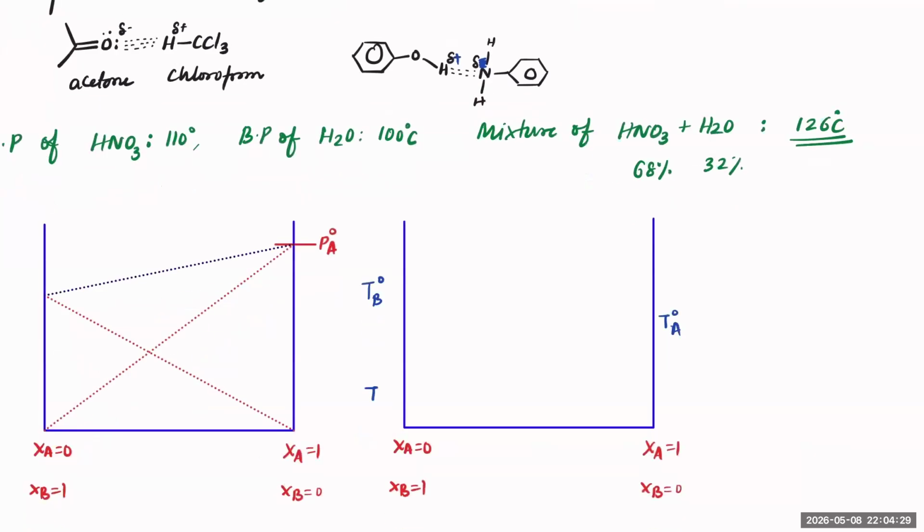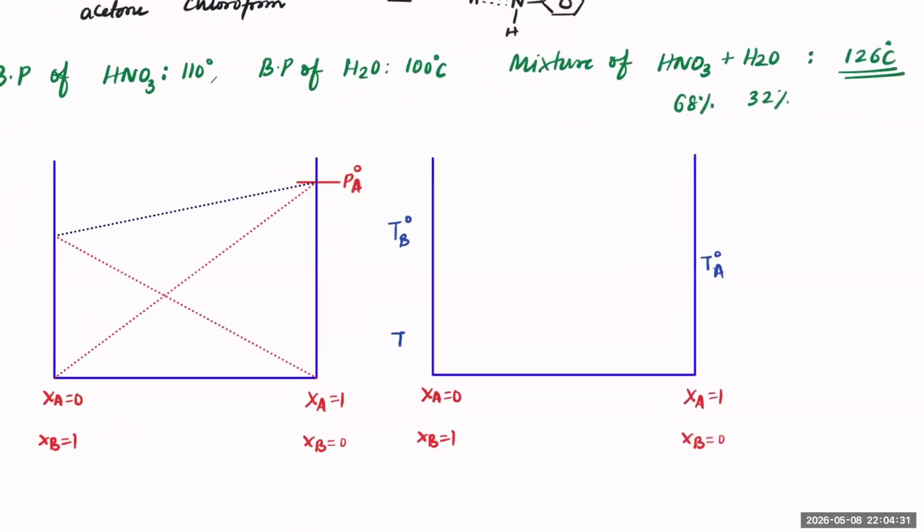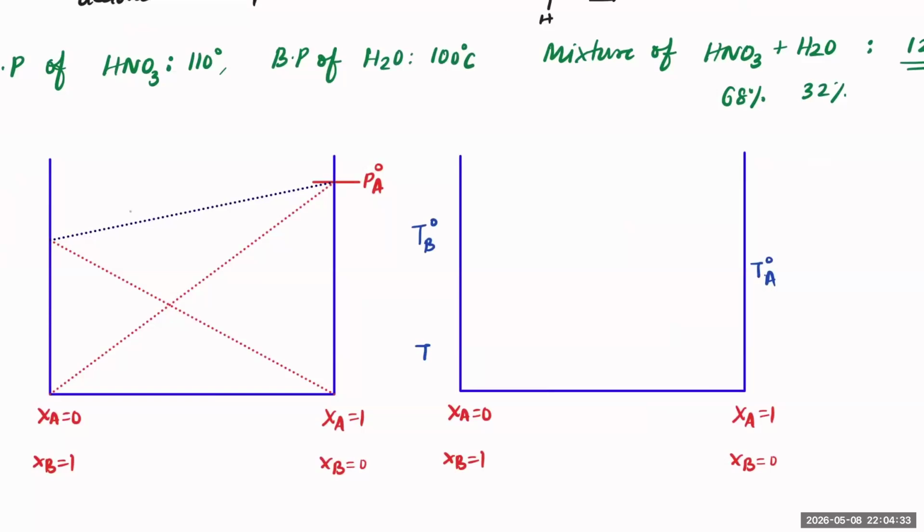So when it comes to negative deviation, how does the graph change? In this case, the total pressure graph will go like this because it is negatively deviating. And this is the ideal pressure, P ideal, which is a function of X, the mole fraction in the liquid state.